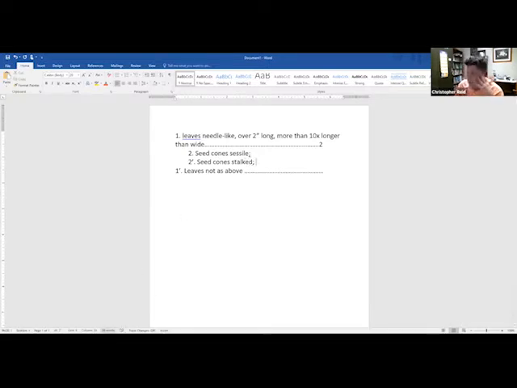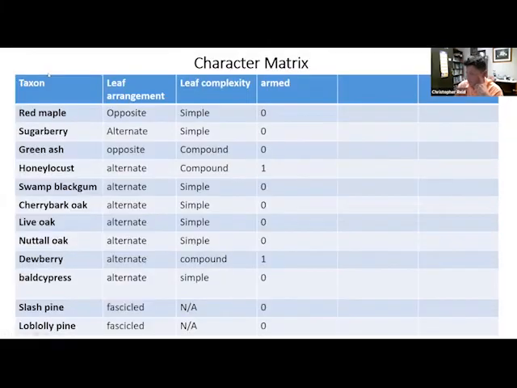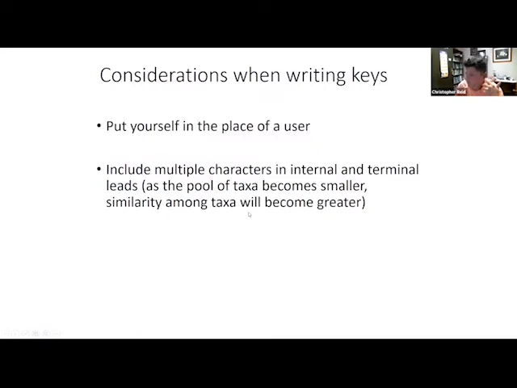I'm going to backtrack a little bit. When writing a key, it's just good to get into a habit of putting yourself in the position of a user. Even today, I use some botanical keys that I just want to throw out the window. That's normal. Ambiguities, overlapping character states.